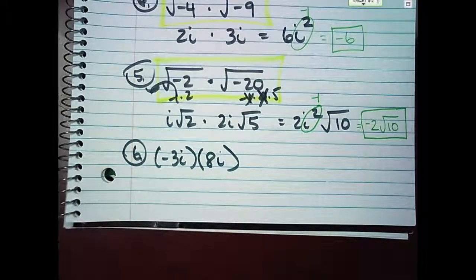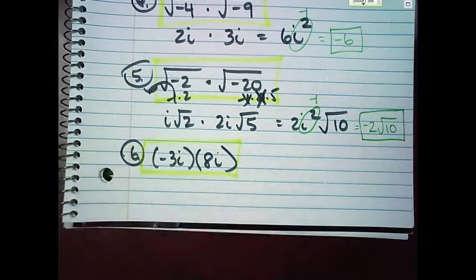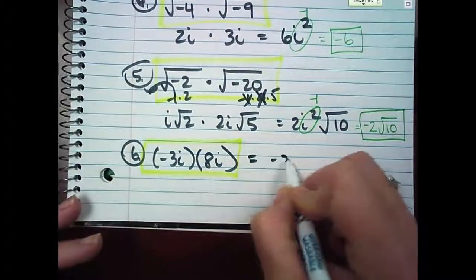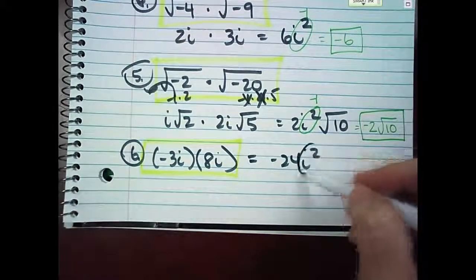Negative 3i times 8i. This is going to give me negative 24i squared, but i squared is the value of negative 1.